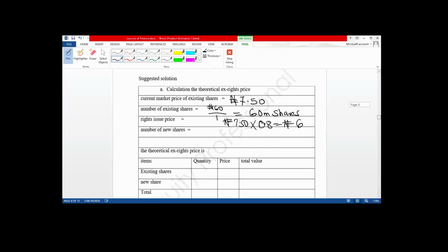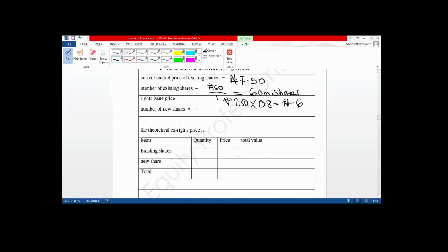At 6 naira, that will equal 90 million naira. Just do a walk back. 90 million divided by 6 naira. The company must issue 15 million new shares. These 4 variables are needed for you to calculate theoretical ex-rights price.